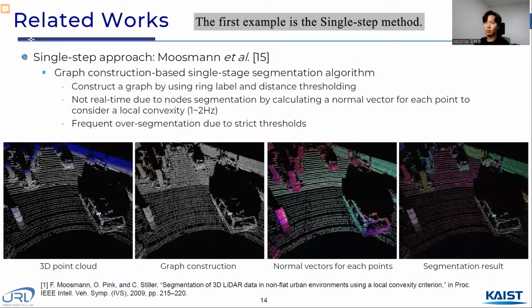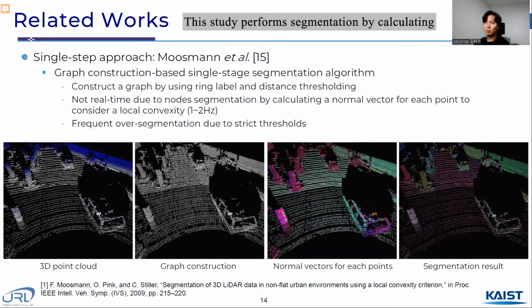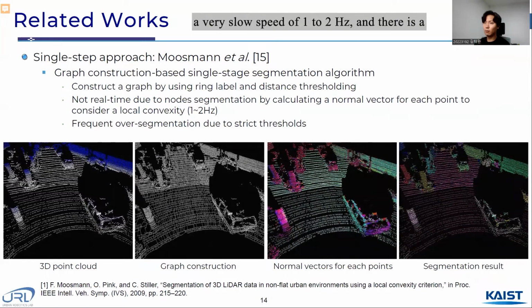The first example is the single-step method. This study performs segmentation by calculating the normal vector for every point in the point cloud. The pointwise calculating method shows a very slow speed of 1 to 2 Hz, and there is a disadvantage that over-segmentation occurs frequently due to the strict threshold.